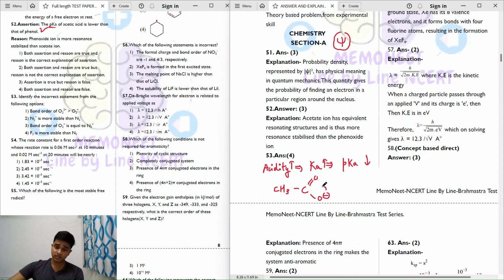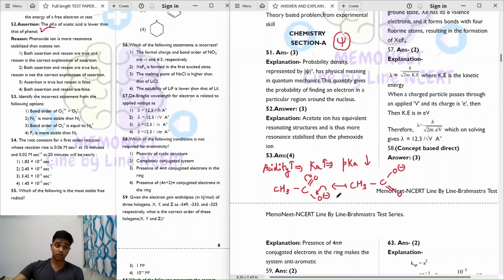So when resonance is occurring in this, if I draw its resonance structure as well, I get something like this. If I take a look at these resonating structures, these are equivalent resonating structures. Equivalent resonating structures stabilize the ion a lot more. So when we have equivalent resonating structures, the resonance stabilization increases by a lot.